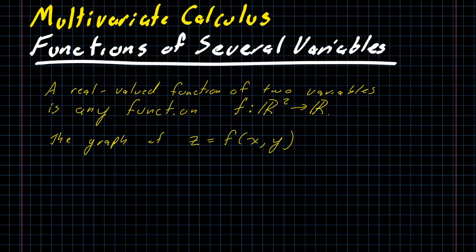And for a function of two variables, we're generally going to graph the function z equals f of x and y. So we have two independent variables, x and y, and one dependent variable, z.